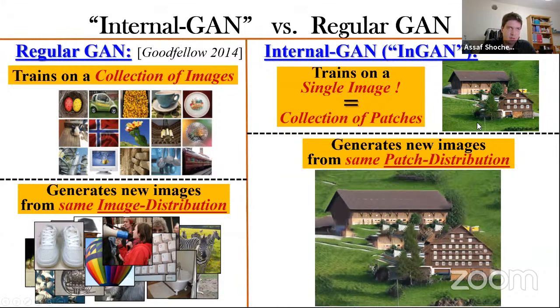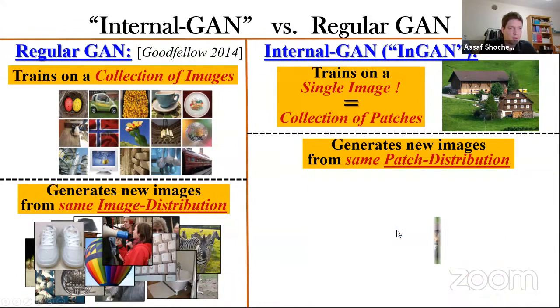So for example, from this input image, we can generate this new image, which has the same distribution of patches. You see that this is a larger image, but the elements inside the image are not larger. You don't have larger windows, you just have more windows here, and more barns in the back, and another little barn that was created here. We can also generate smaller versions of the image like this.